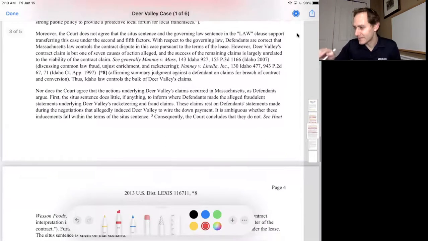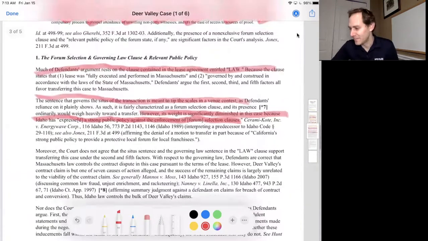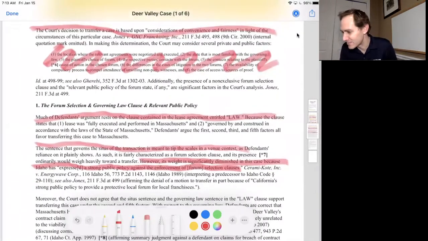Moreover, the court does not agree that the situs sentence and the governing law sentence in the law clause support transferring the case under the second and fifth factors. And if you jump back here, you see the second one was the state that's most familiar with the governing law. And Judge Windmill's like, we can read the Massachusetts code on breach of contract. It's basically the same as Idaho.